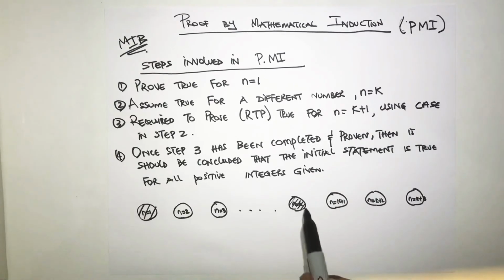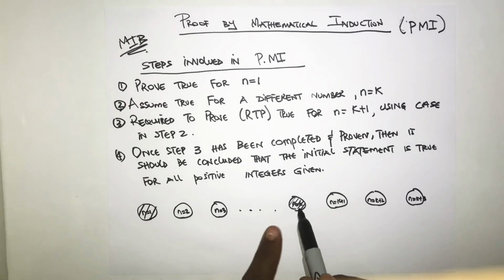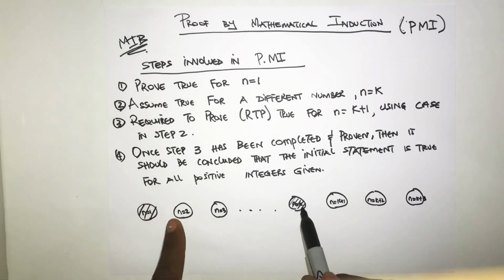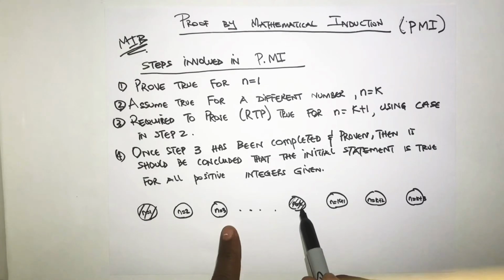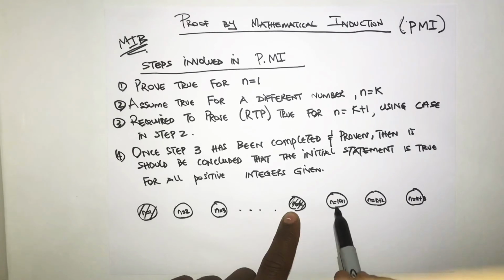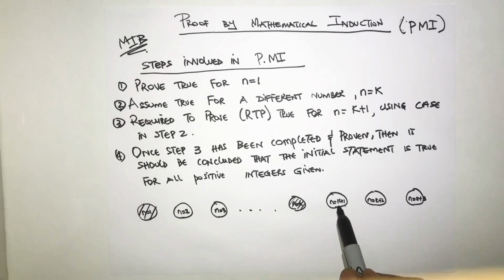Once this is proven true, it will do the same effect that n equals 1 did, which was to knock down the subsequent dominoes. So if n equals k is proven true, then this will knock down the domino n equals k plus 1.